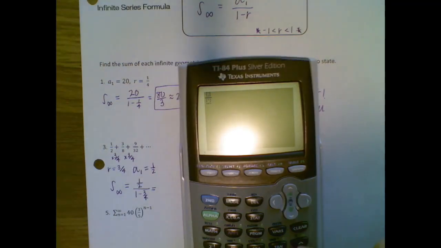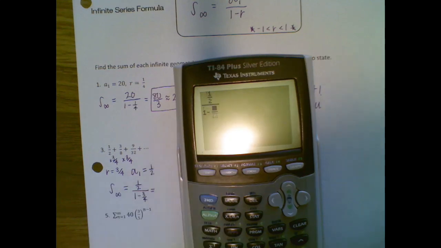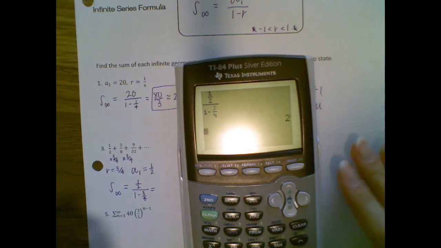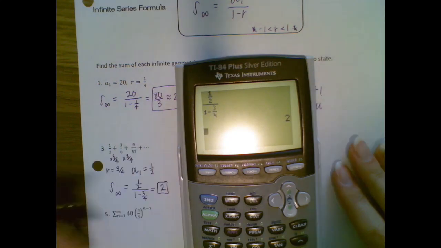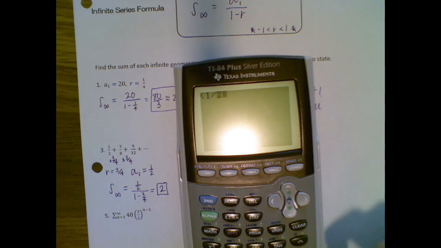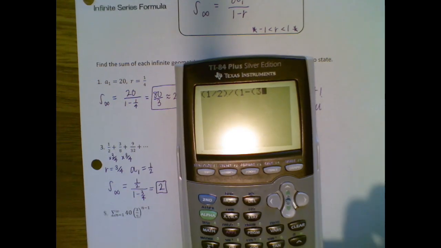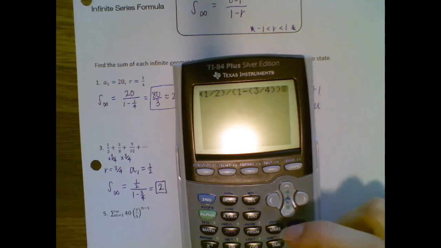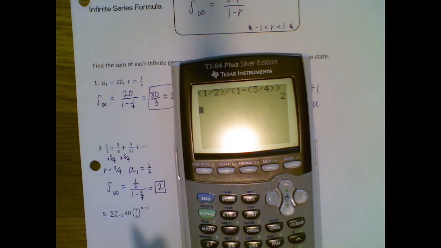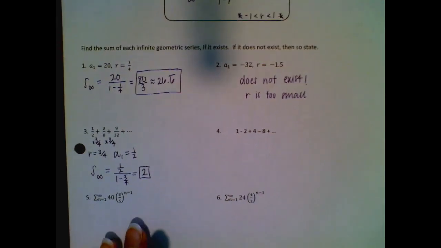I have lots of fractions here. I got 2. Now if you don't have all those fancy buttons, I would do parentheses 1/2 divided by parentheses of 1 minus the parentheses of 3/4. You have to put in those extra parentheses. Make sure you check with your teacher on how to type that in if you're having trouble.